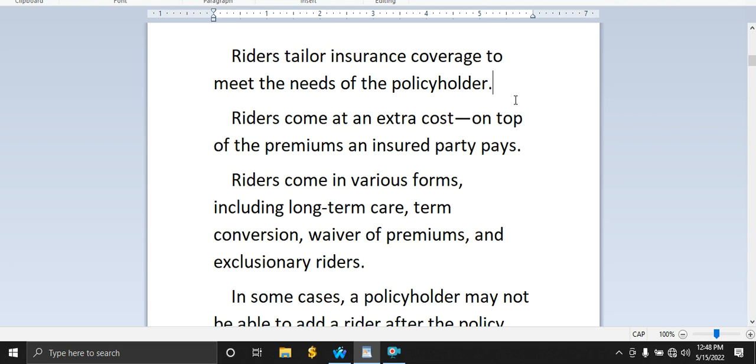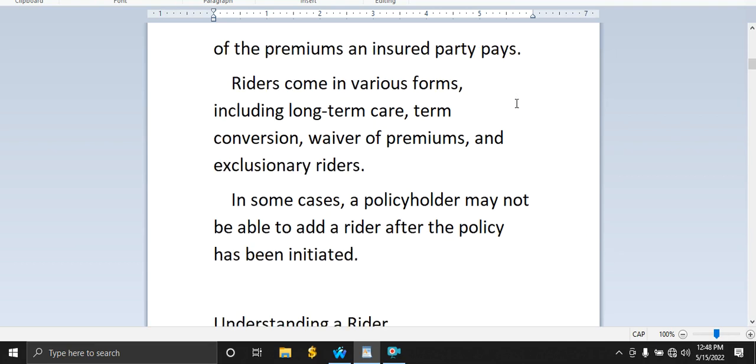Riders come in various forms, including long-term care, term conversion, waiver of premiums, and exclusionary riders. In some cases, a policyholder may not be able to add a rider after the policy has been implemented.